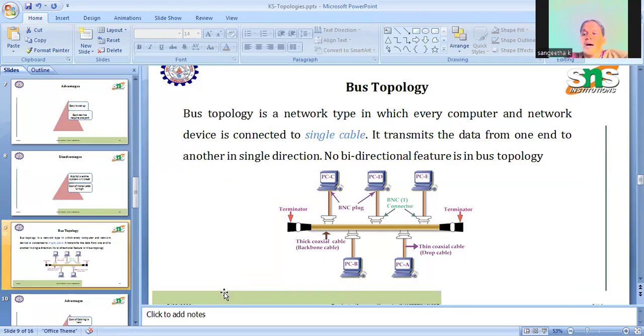The transmission of data takes place on the common cable. Whenever a node wants to send data, it must check whether the channel is free to transmit. Here, the bidirectional feature is not available in bus topology. Water pipelining is the best example for bus topology.